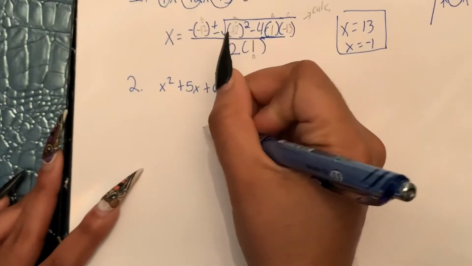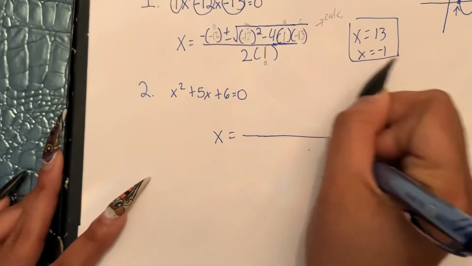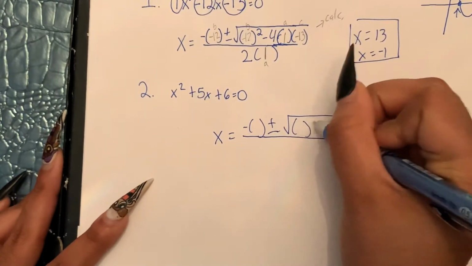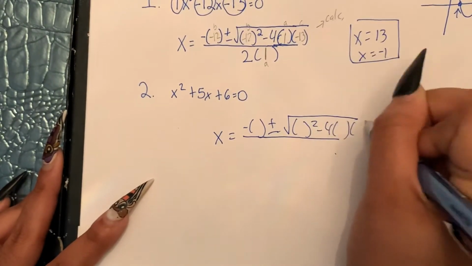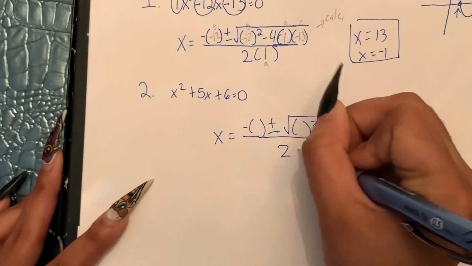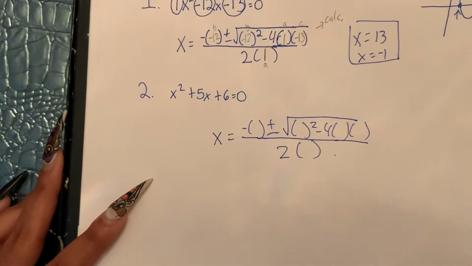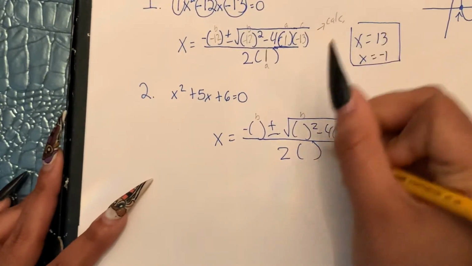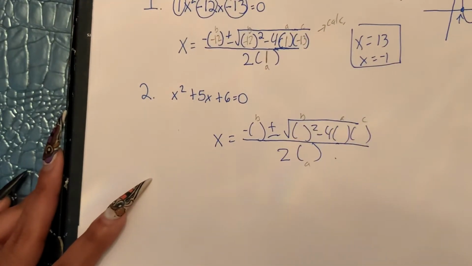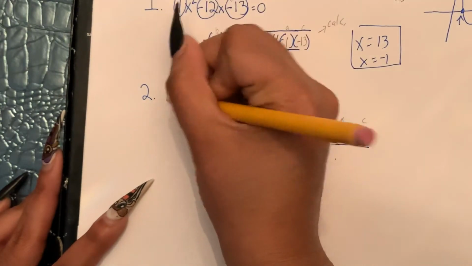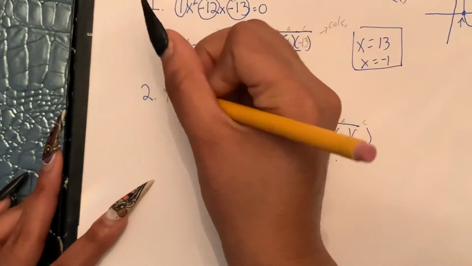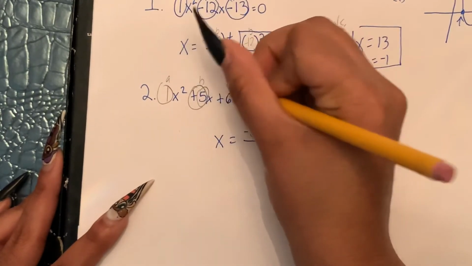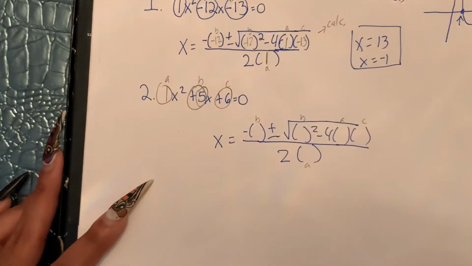Okay, same thing, create your skeleton. So B goes here, B, A, C, and A. So my A is 1, my B is 5, my C is 6.